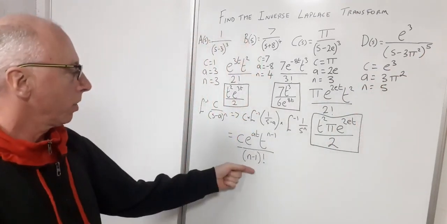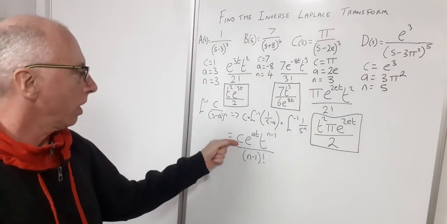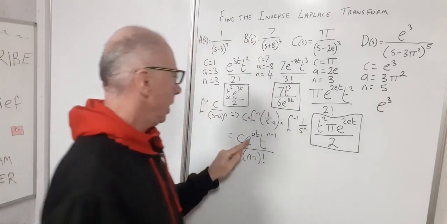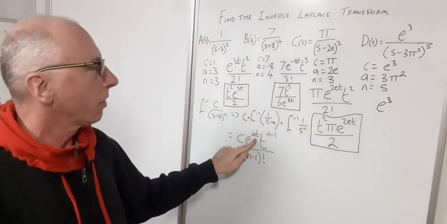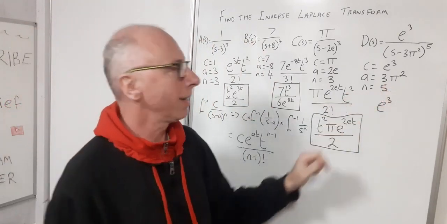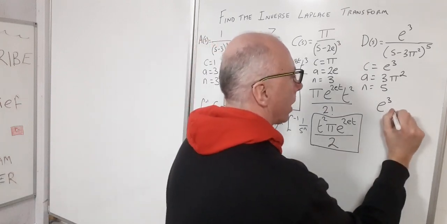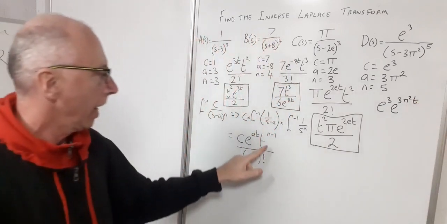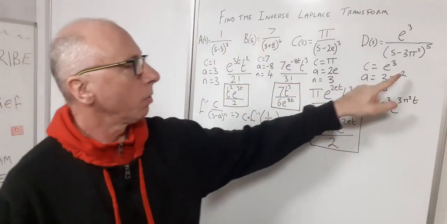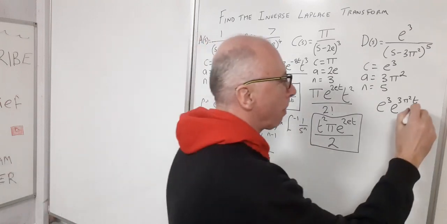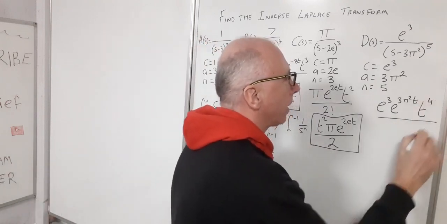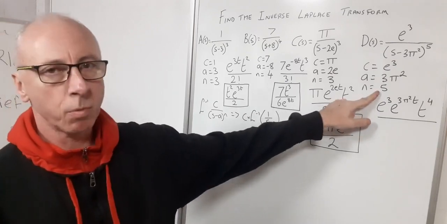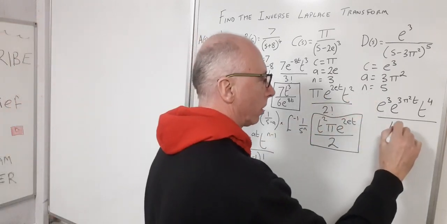Okay, now using this generic result, c is e cubed, and e to the at, so now I've got e to the 3 pi squared t. And then t to the n minus 1. Well, n minus 1 is 4, so I've got t to the power of 4. And then divide this by n minus 1 factorial, so 5 minus 1 is 4, so it's 4 factorial.